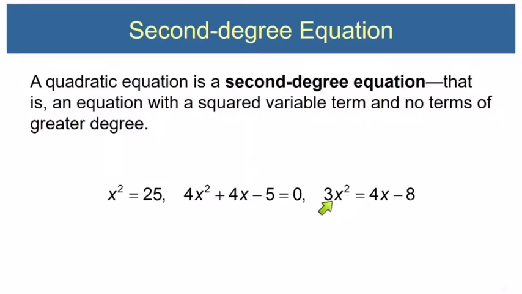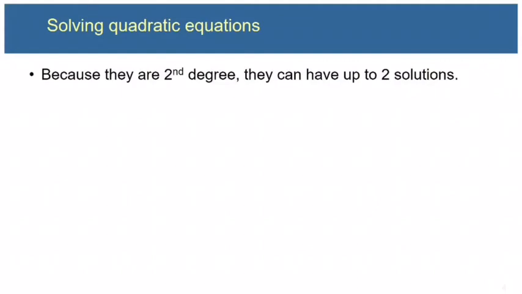And then we have 3x squared equals 4x minus 8. This is quadratic because we have the x squared term and no terms of greater degree. Now, here's an interesting thing about quadratic equations. Because they are second degree equations, they can have up to 2 solutions. This is different from linear equations.